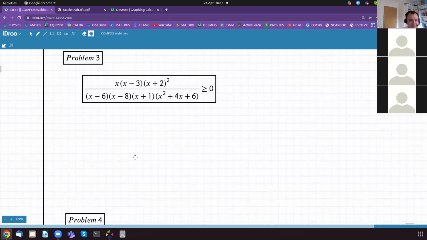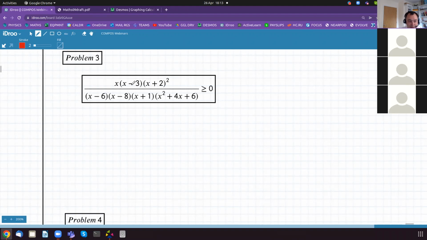Problem 3. So what do we see here? Well, we see a bunch of critical points: 0, 3, -2, 6, 8, -1. What about this one? Oh, perhaps we could factorize it. But probably you're experienced enough to say that.